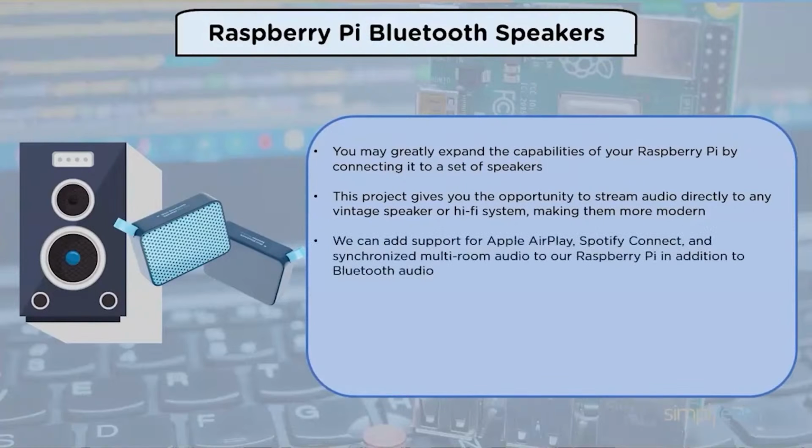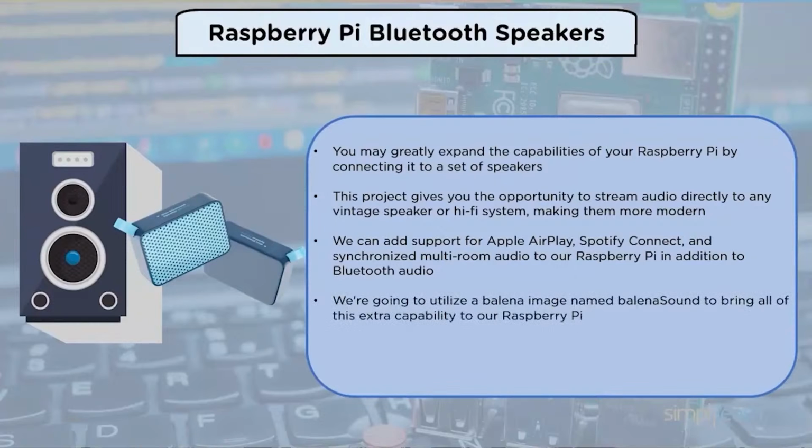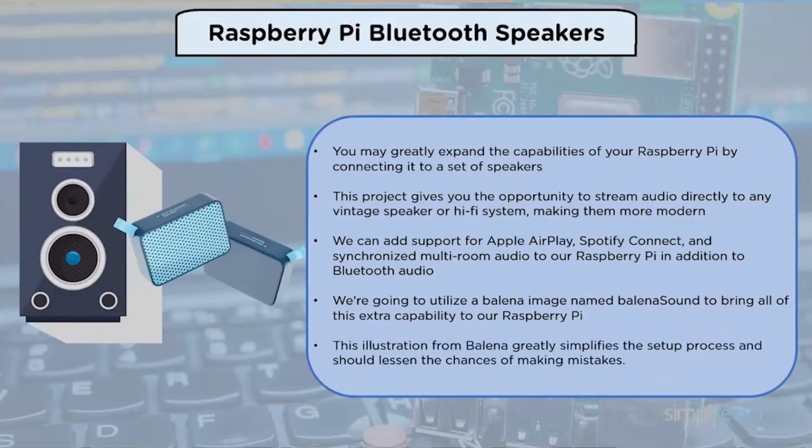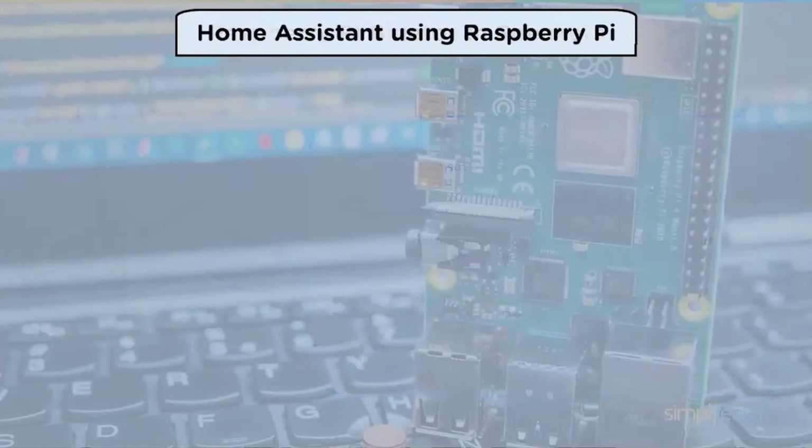We can add support for Apple AirPlay, Spotify Connect, and synchronized multi-room audio to Raspberry Pi in addition to Bluetooth audio. We are going to utilize a Raspberry Pi image named Balena Sound to bring all of these extra capabilities to our Raspberry Pi. This image greatly simplifies the setup process and should lessen the chances of making mistakes.